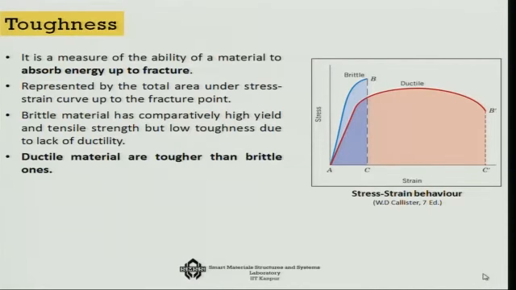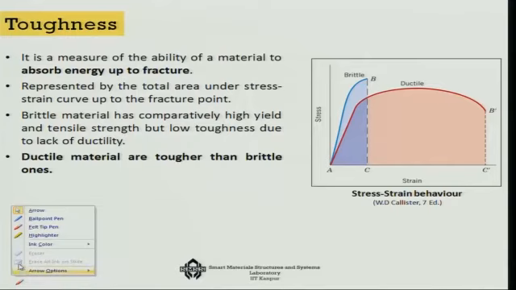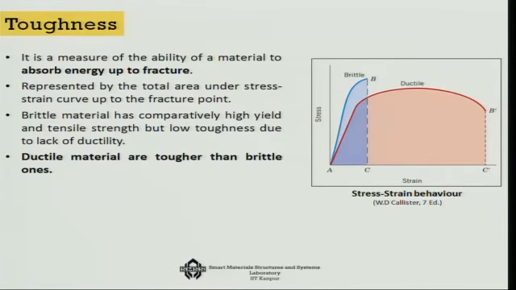The last important property in this direction is toughness. Toughness is also the area under the stress strain curve, just like the earlier case, but here you are considering the plastic region also. Okay. So, earlier you were confining yourself within the elastic region, now you are considering the plastic region also.